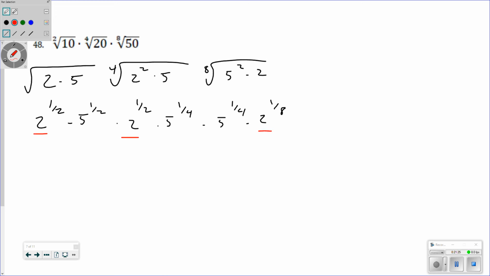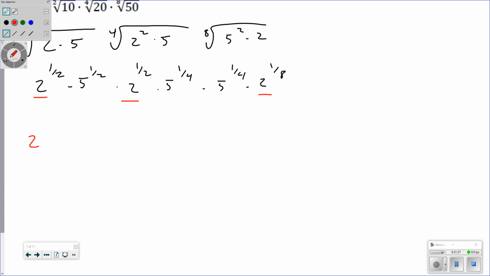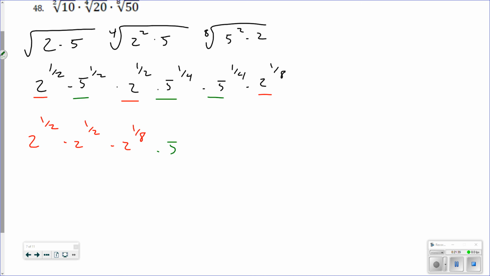So you can combine all the 2s: 2 to the 1/2 times 2 to the 1/2 again, times 2 to the 1/8. And we do the same thing with the 5s: 5 to the 1/2 times 5 to the 1/4 times another 5 to the 1/4.